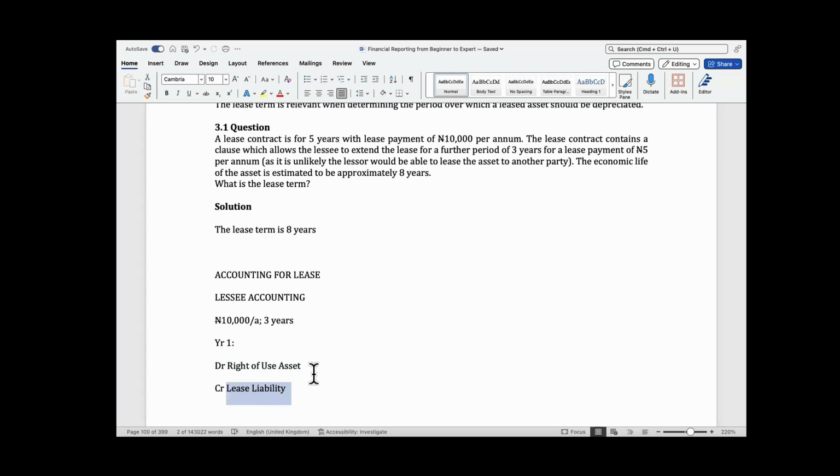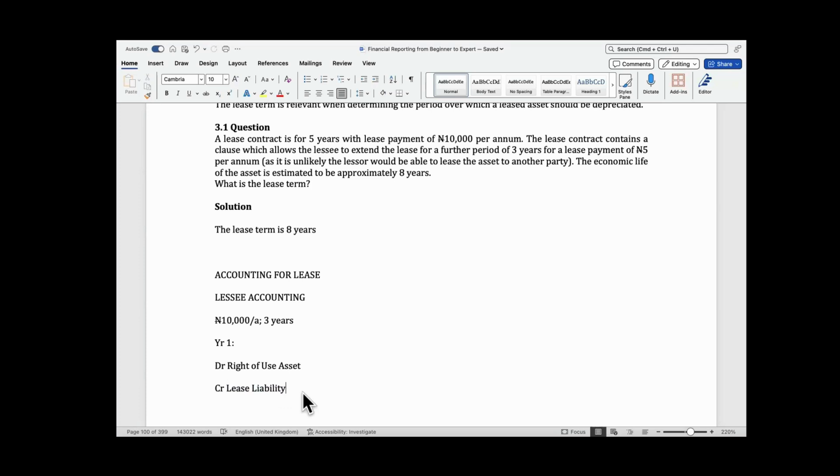Okay, no problem. She's actually correct, but unfortunately, she doesn't know why, and neither Latif knows why we are debiting right of use, and also we are crediting lease.